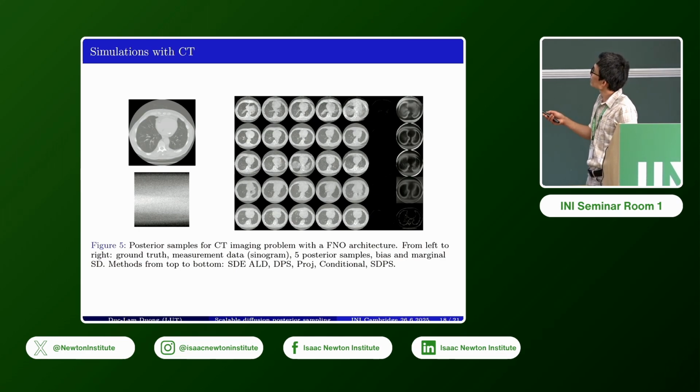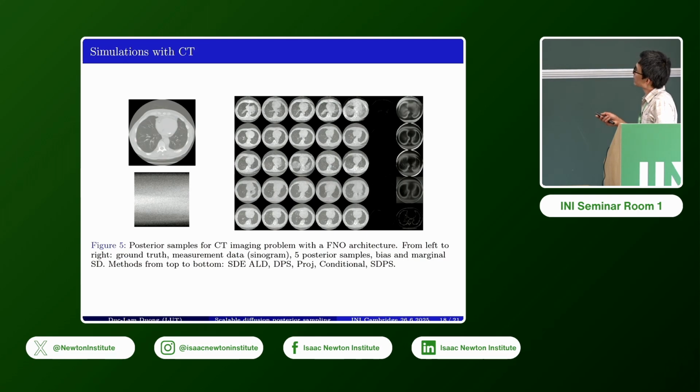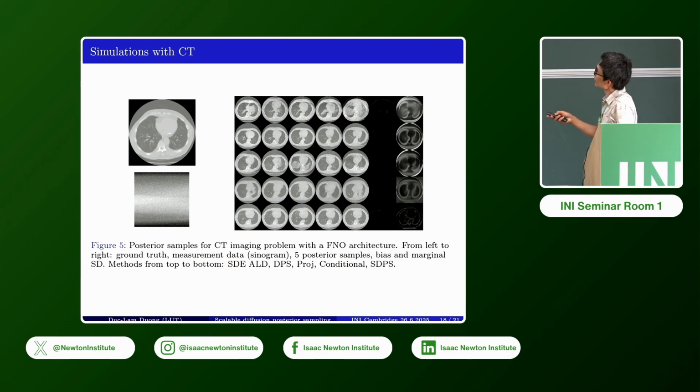Here are the posterior samples from this CT imaging problem with a Fourier neural operator architecture. On the left here is the ground truth. This is the sinogram measurement data. On the right-hand side, you have 5 posterior samples. In this column is the bias, and this is the standard deviation.